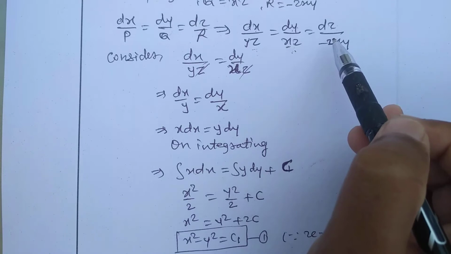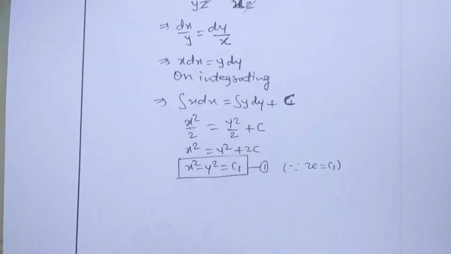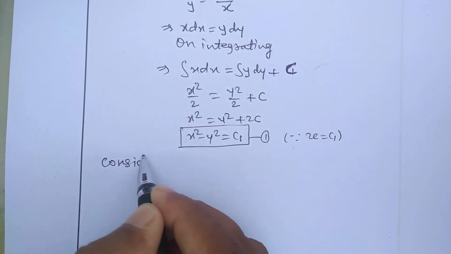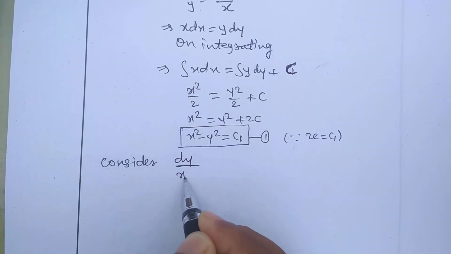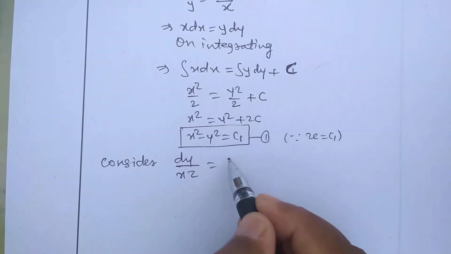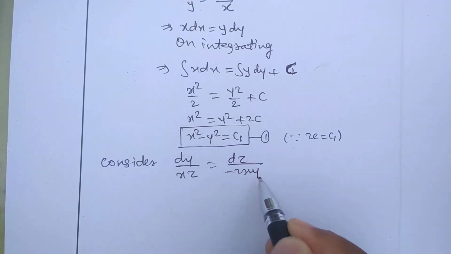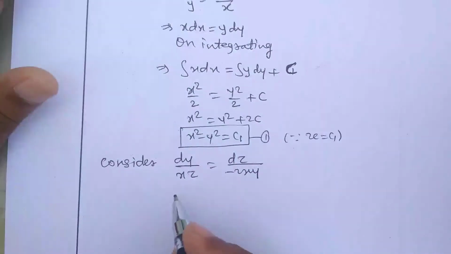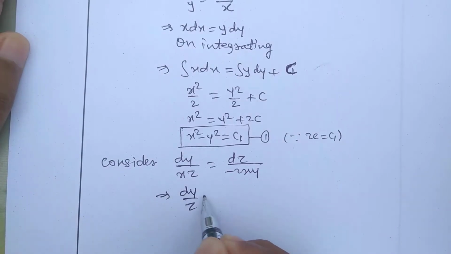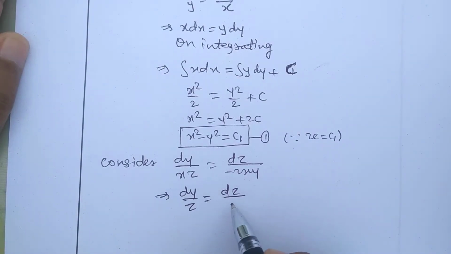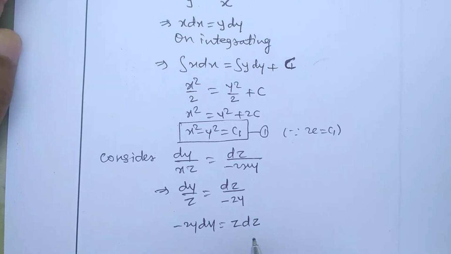So consider dy upon xz equals dz upon minus 2xy. Now x gets cancelled, we will get dy upon z equals dz upon minus 2y. To make it variable separable form, cross multiply, so you will get minus 2y dy equals z dz. So it is in variable separable form.